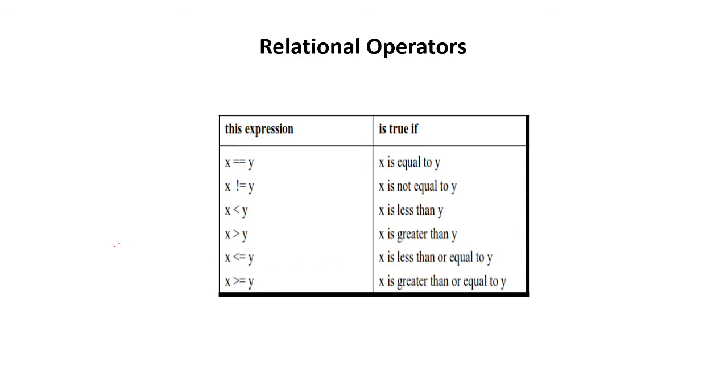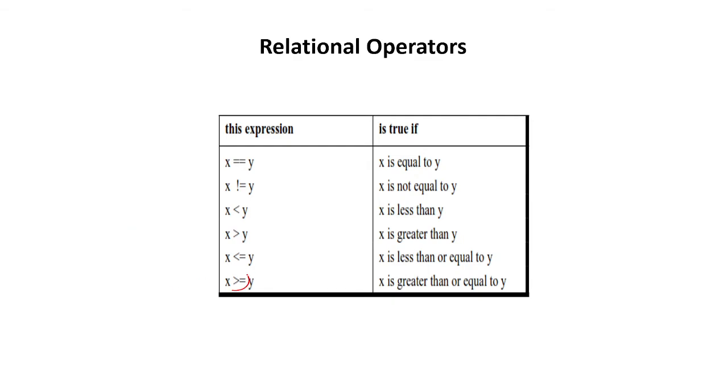Next is less than or equal to. If we write the x variable on the left side and the y variable on the right side, it checks the less than condition as well as the equal condition. If x is 4 and y is 4, then this condition fulfills the equal sign. And if x is 3 and y is 4, then it fulfills less than.